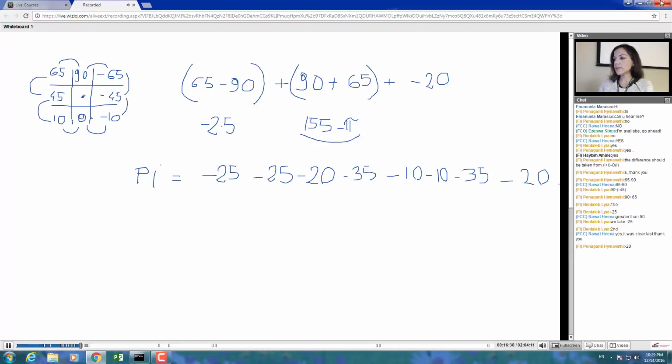So minus 50, 70, 105, 125, 35, minus 160, and then minus 180. Since in the formula we need to normalize, we need to divide, sorry, by 180, then the result will be minus 1. This is the third case in the book, okay?